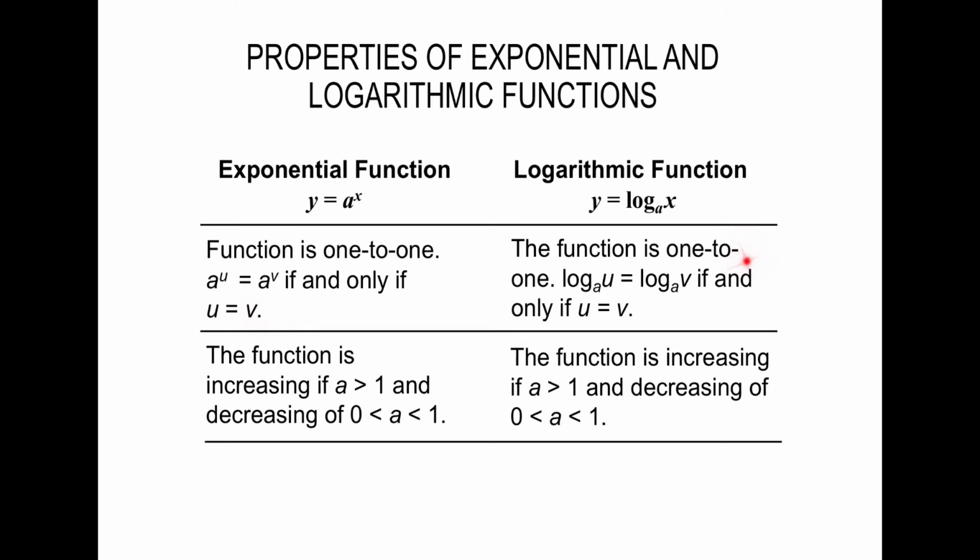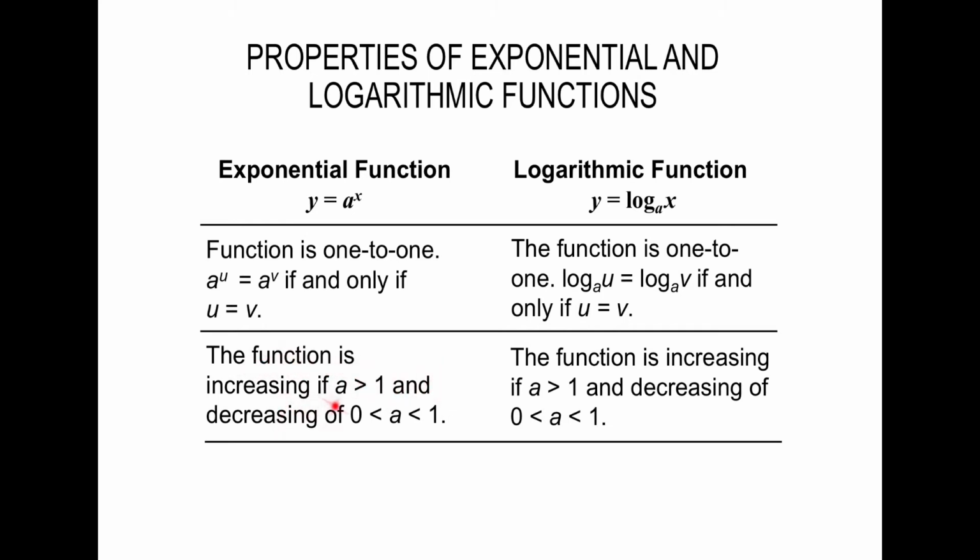The logarithmic function also is 1 to 1, and the log base a of u is equal to the log base a of v, if and only if u is equal to v. So it's also true in the other direction. Whenever we have that if and only if, it just means it's true in the other direction as well. If u equals v, then log base a of u is equal to log base a of v, and it goes both ways.